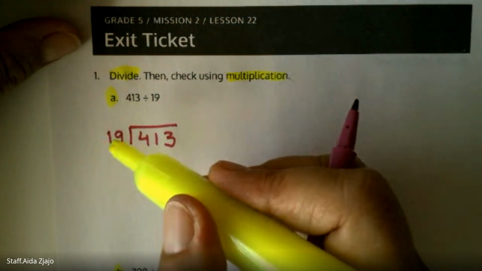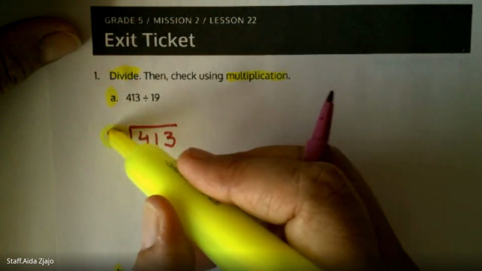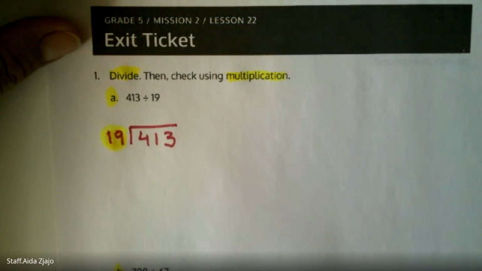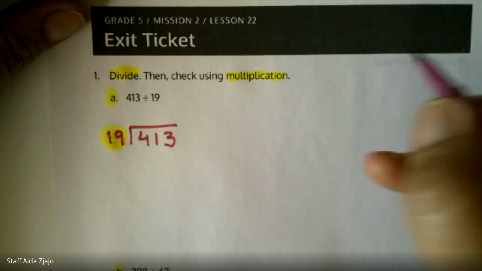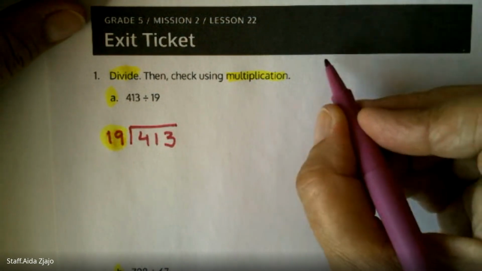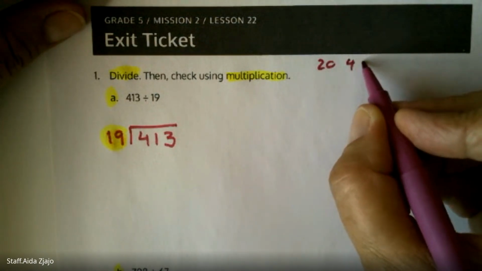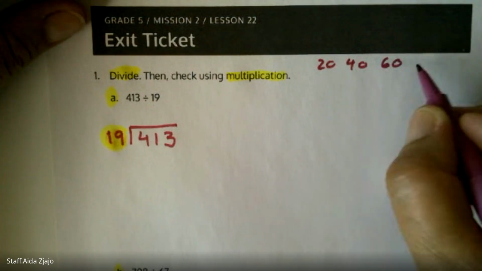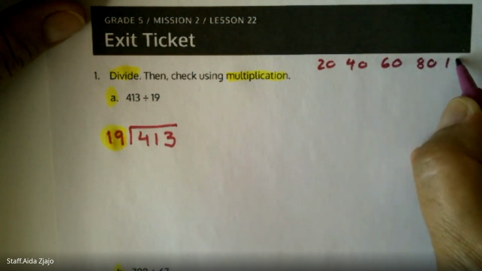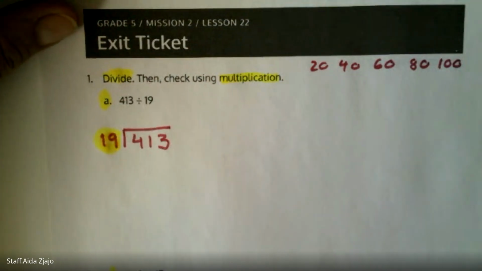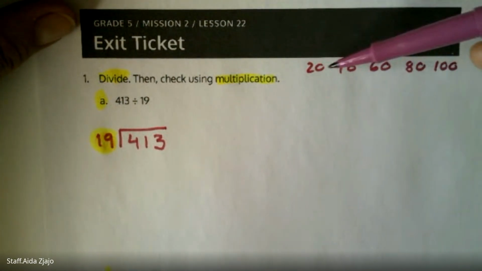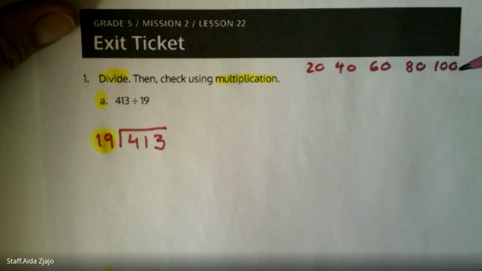So if you look and think about this 19, that's about 20. You can skip count 20, 40, 60, 80, 100. So in 100, you have 1, 2, 3, 4, 5 20s.